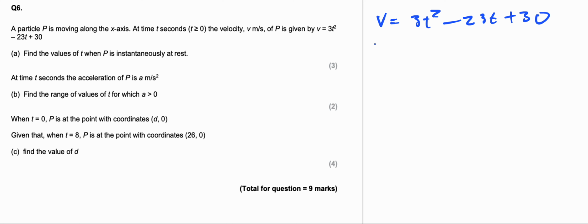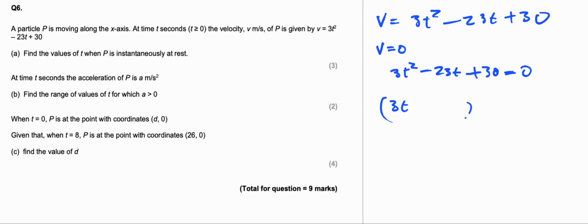At rest, that's when the velocity is 0. So therefore 3t squared minus 23t plus 30 equals 0. So 3t and t. Can we factorize it? So we have 3, so 6.